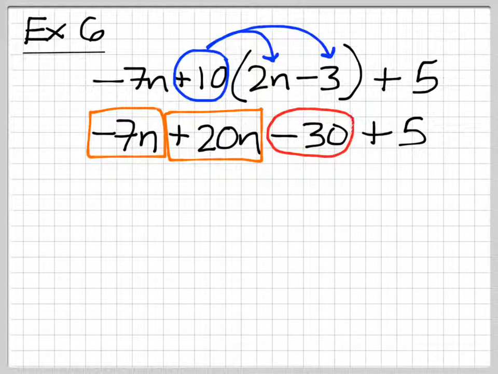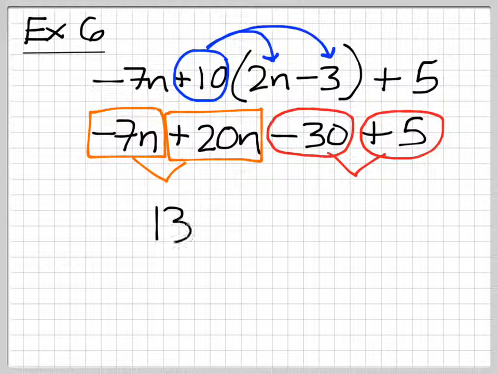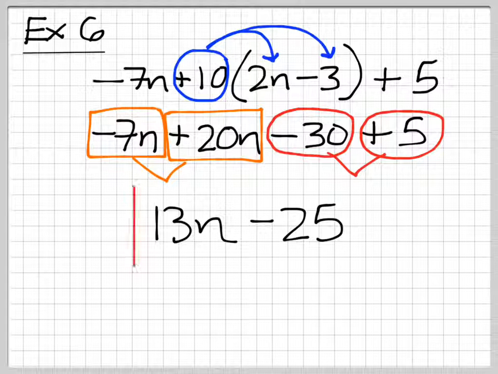This has no variable, and the positive 5 has no variable. So I can put these two things together, I can put these two things together. Negative 7n plus 20n is 13n, and negative 30 plus 5 is negative 25. And that's my final answer.